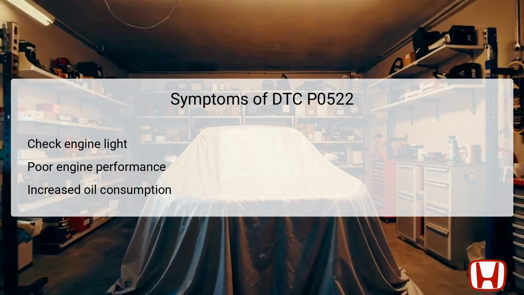This can manifest as sluggish acceleration or rough idling due to inadequate oil flow to the rocker arms. Furthermore, there may be an increase in oil consumption, leading to frequent oil changes or possible engine damage over time. If left unaddressed, these symptoms can escalate, resulting in more severe engine problems, making timely diagnosis and repair essential for maintaining optimal vehicle performance.